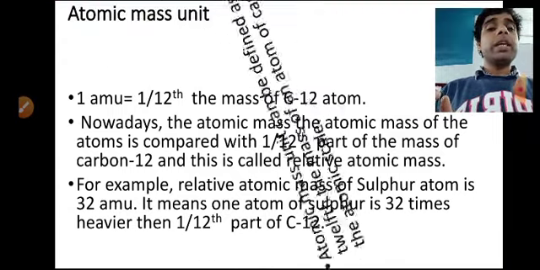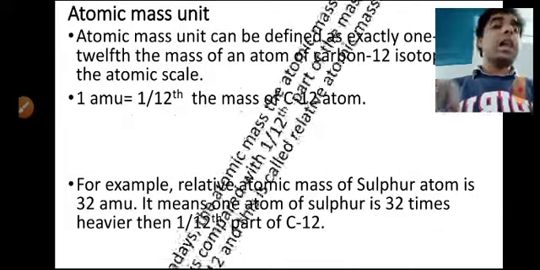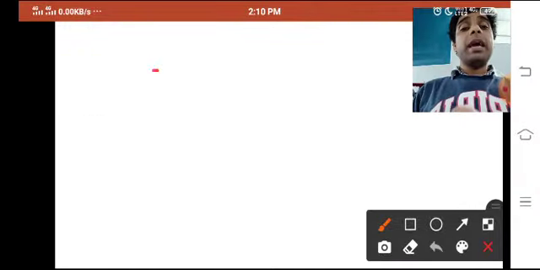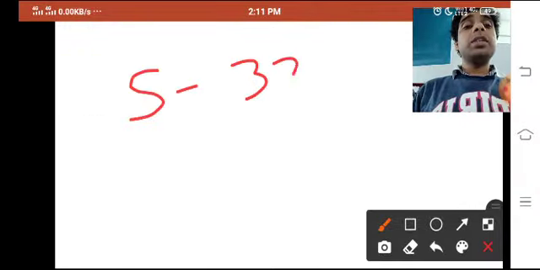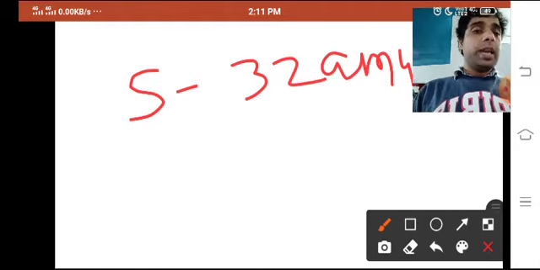So if any atom is there and we know its atomic mass, we will simply calculate and compare with that one. I have written sulfur, atomic mass 32 AMU; carbon 12, oxygen 16, nitrogen 14.